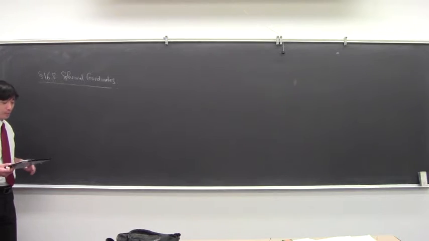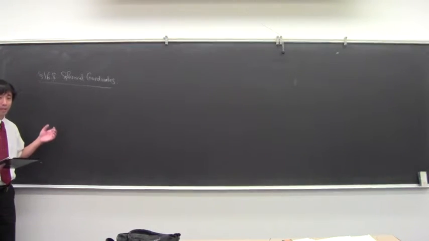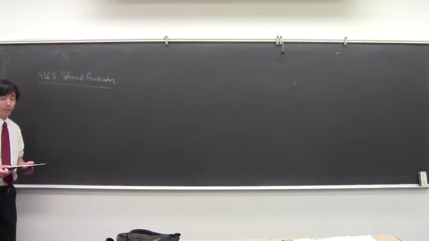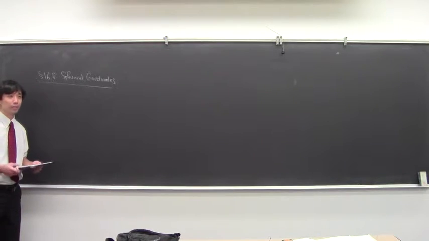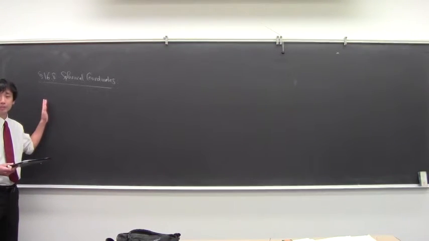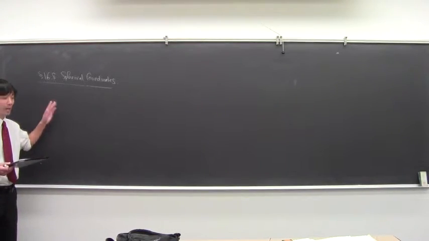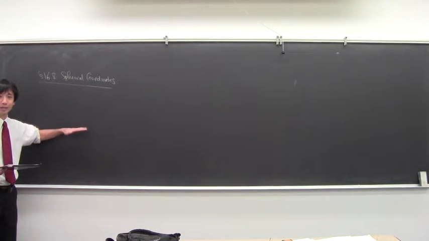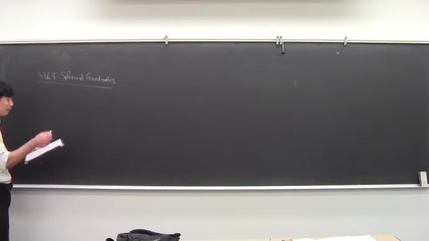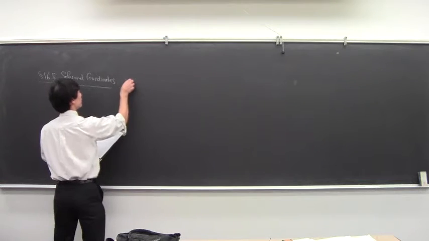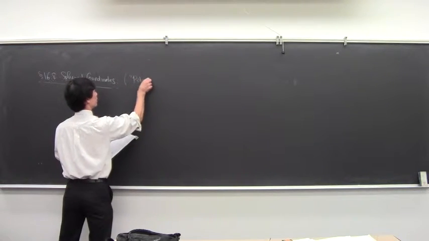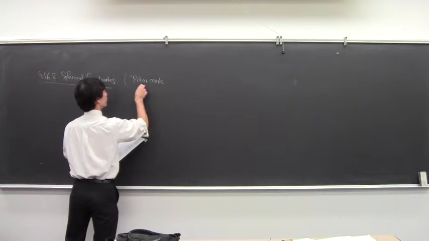Spherical coordinates is maybe like a more honest generalization of polar coordinates. So it's sort of like polar coordinates for R3, but not in the lame way that was done last time.